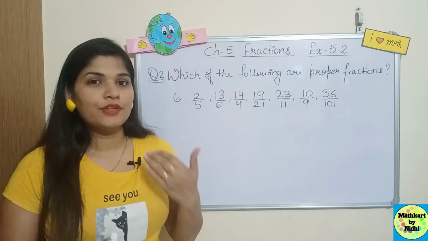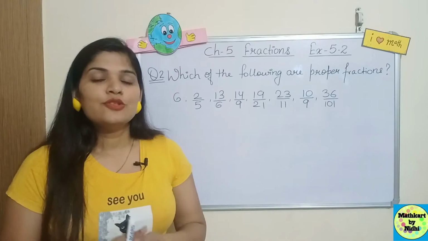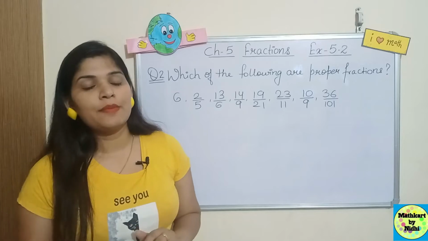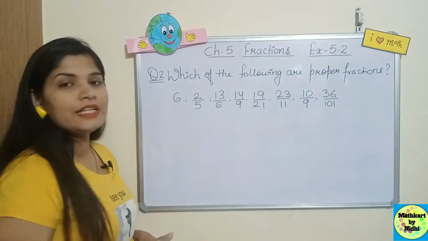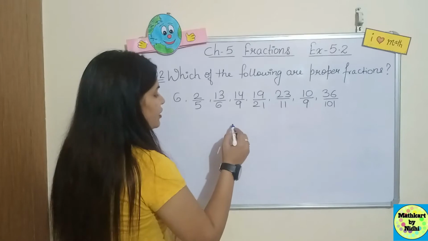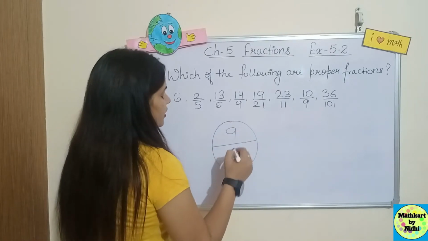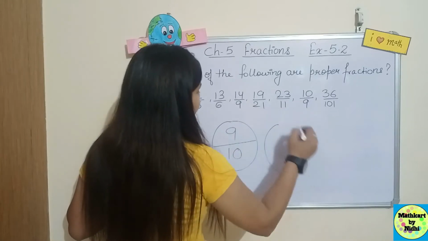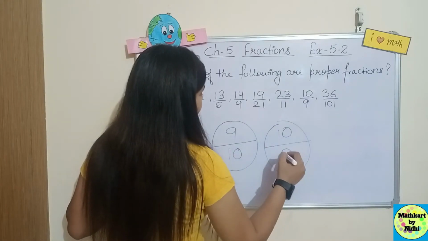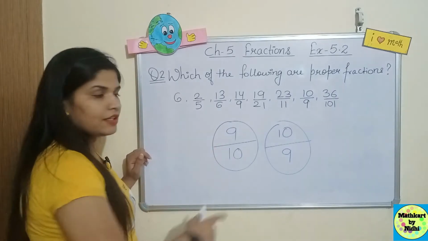One trick which I myself discovered to help you learn easily what is improper and what is proper. Students, just see, when your teacher is giving you marks and suppose you scored 9 out of 10 marks, how does the teacher write it? 9/10 or 10/9?